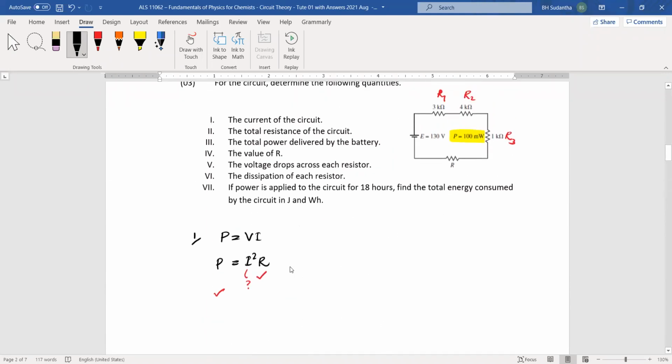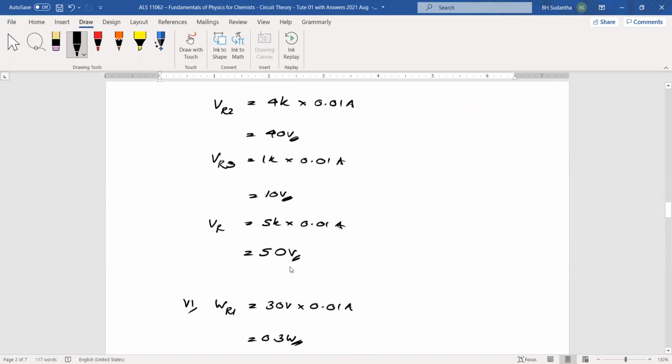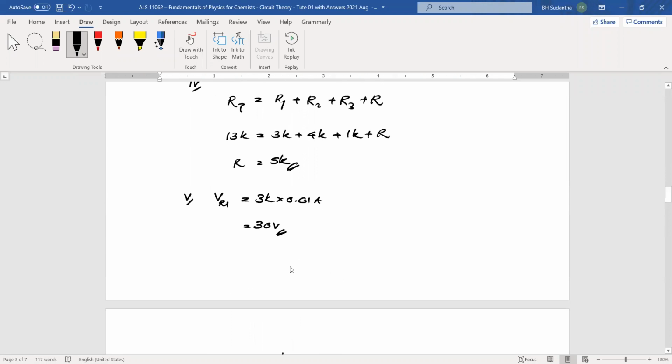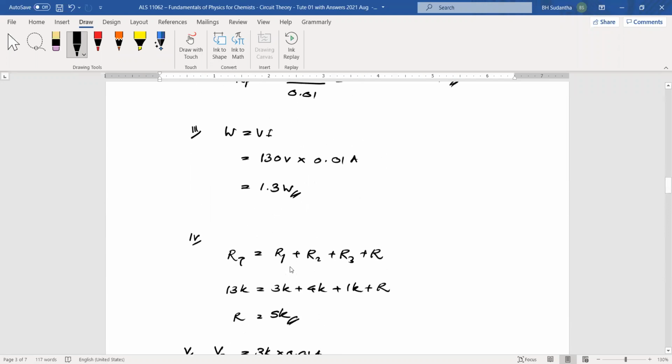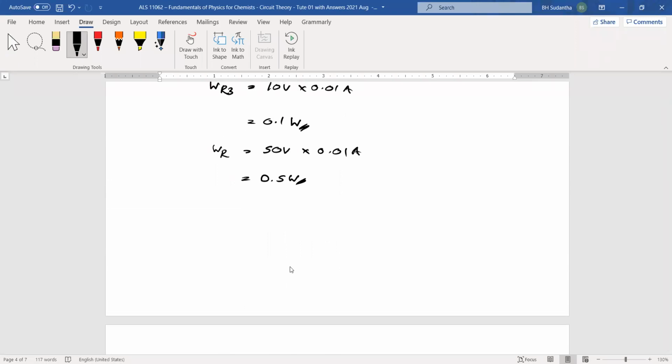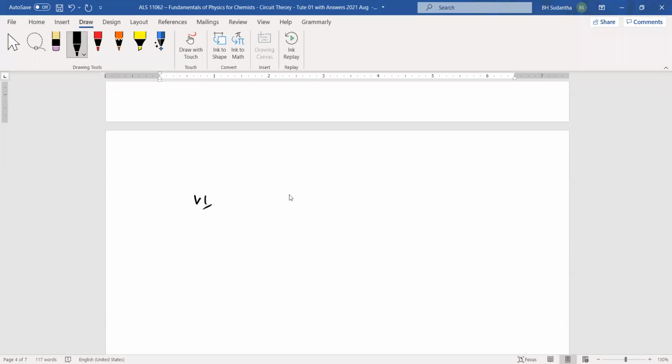The last one, to find the amount of energy if it is powered for 18 hours. Now here total power is how much? 1.3 watt. Okay.